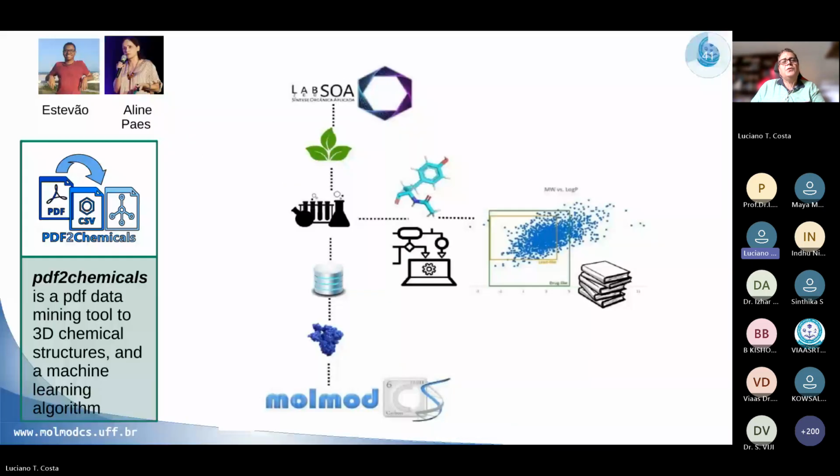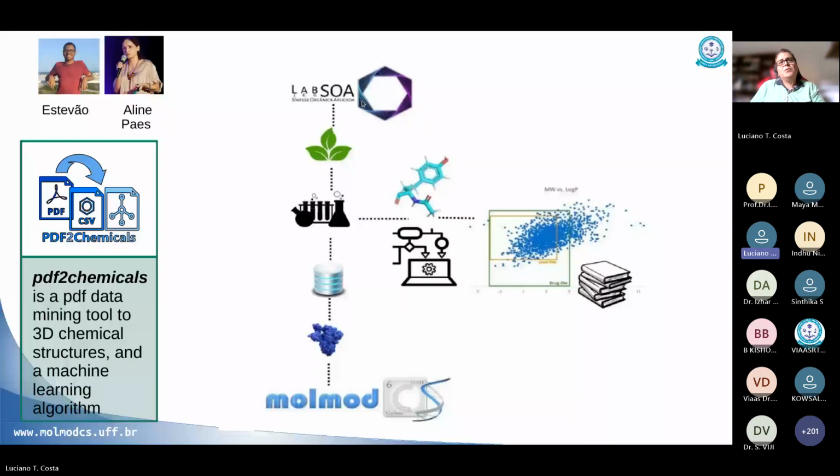In our project, we are using as an example an organic synthesis lab, where the researchers over the years have synthesized a lot of molecules that are published in PDF files and many others.